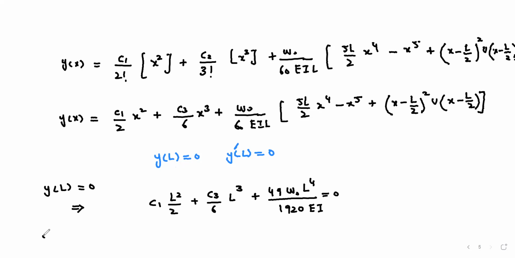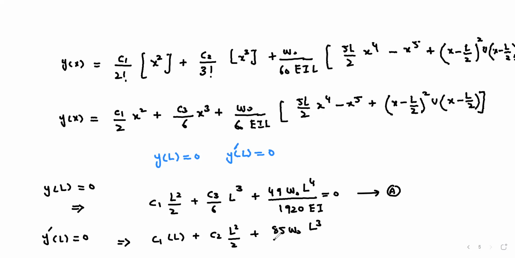Now using y prime of L is equal to 0, we get another equation, call this equation A. We get C1 of L plus C2 L square by 2 plus 85 W naught L raised to power 3 over 960 EI.